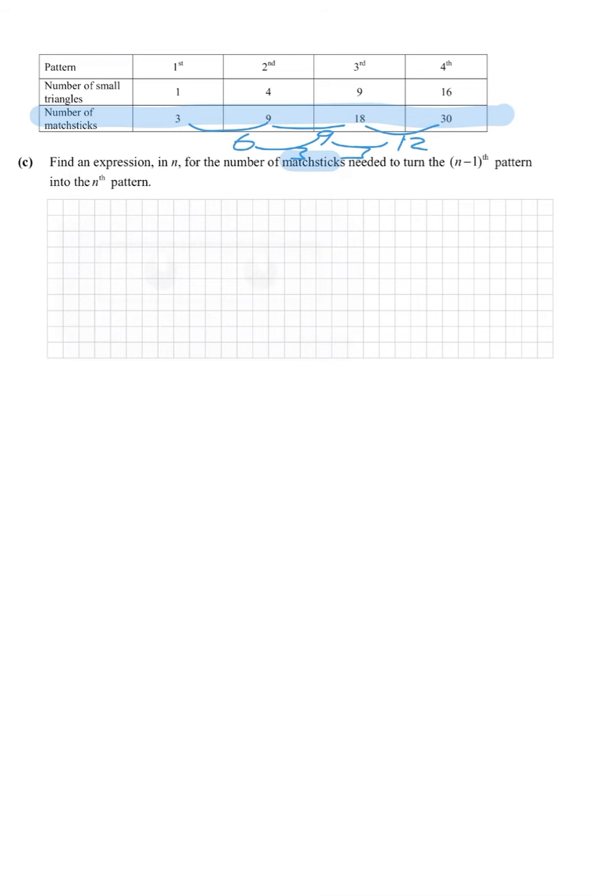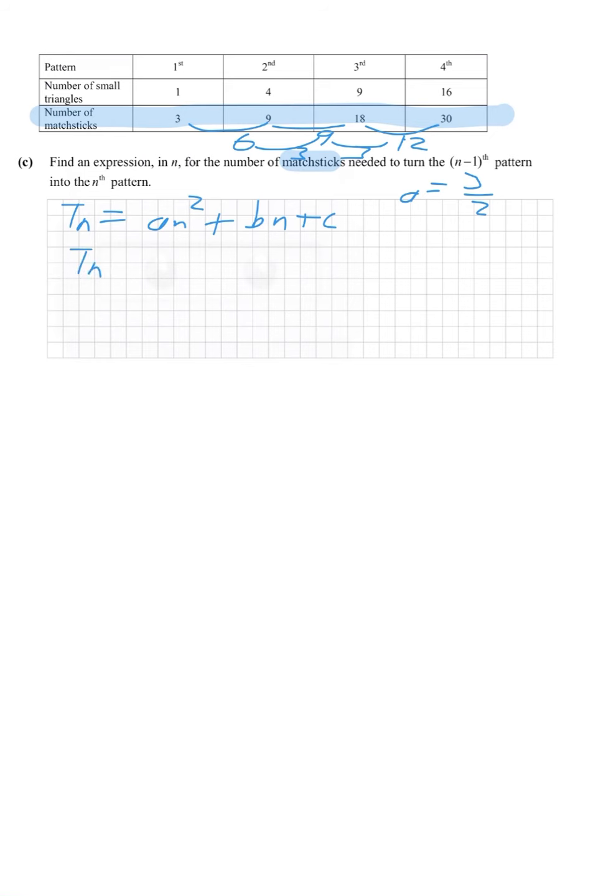The general term for your quadratic is an squared plus bn plus c, and the a term is always the second difference over 2. So in that one, our second difference is 3, so that means that a is going to be 3 over 2.